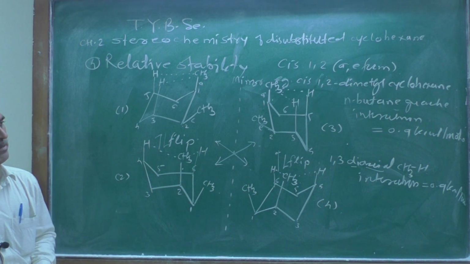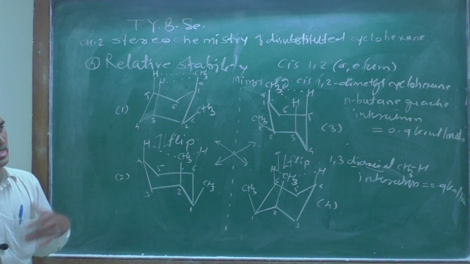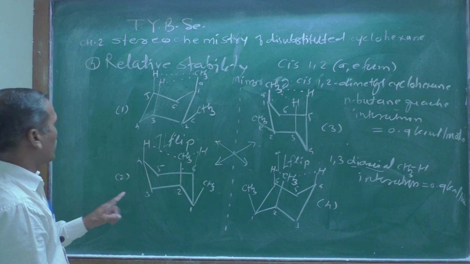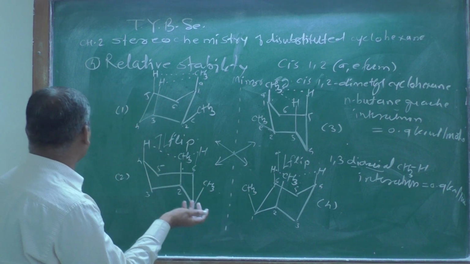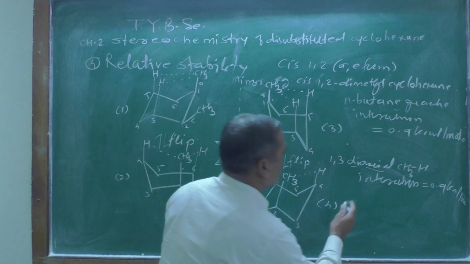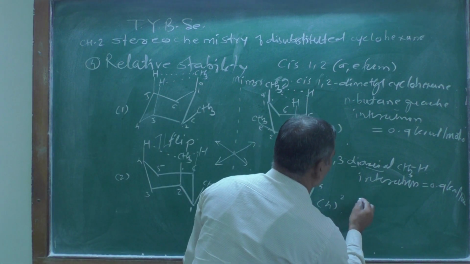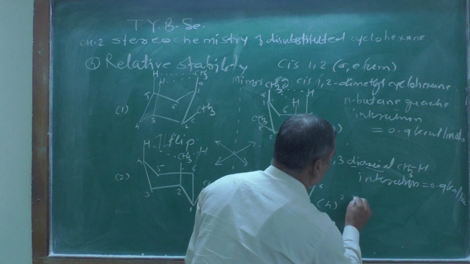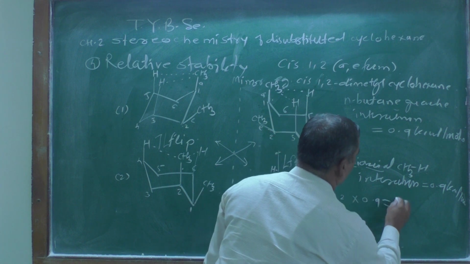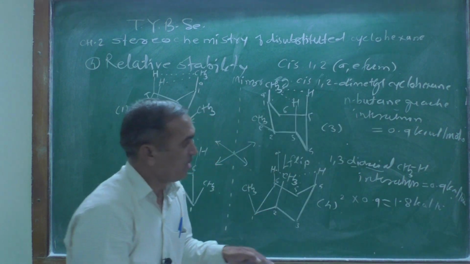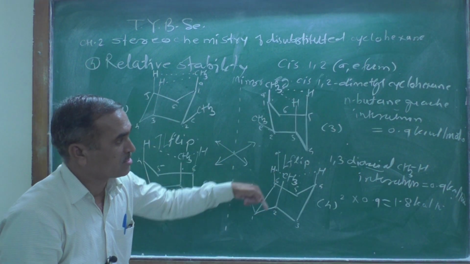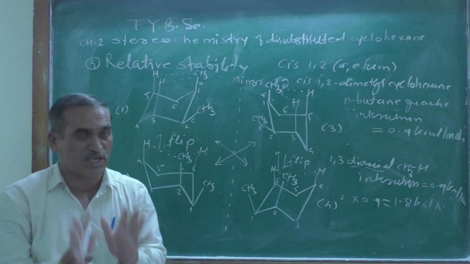So similarly now two 1,3 diaxial interactions are there, and therefore how much total energy? Two 1,3 diaxial interactions, 2 into 0.9 is equal to 1.8 kilocalorie per mole. This much energy is associated with the 1,3 diaxial interaction.